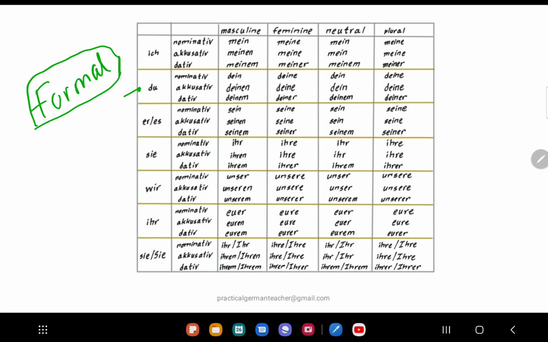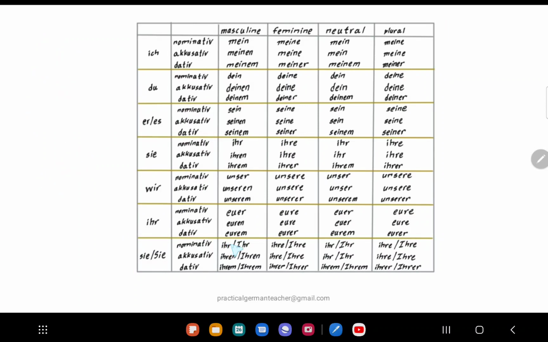So informal scenario, du and ihr. They both are informal, but du refers just to one person. Ihr refers to more than one person. Capital Sie can mean one person, can mean more than one person, but you are just being formal, right? So capital Sie, formal, one or more than one person. I hope you get the idea.